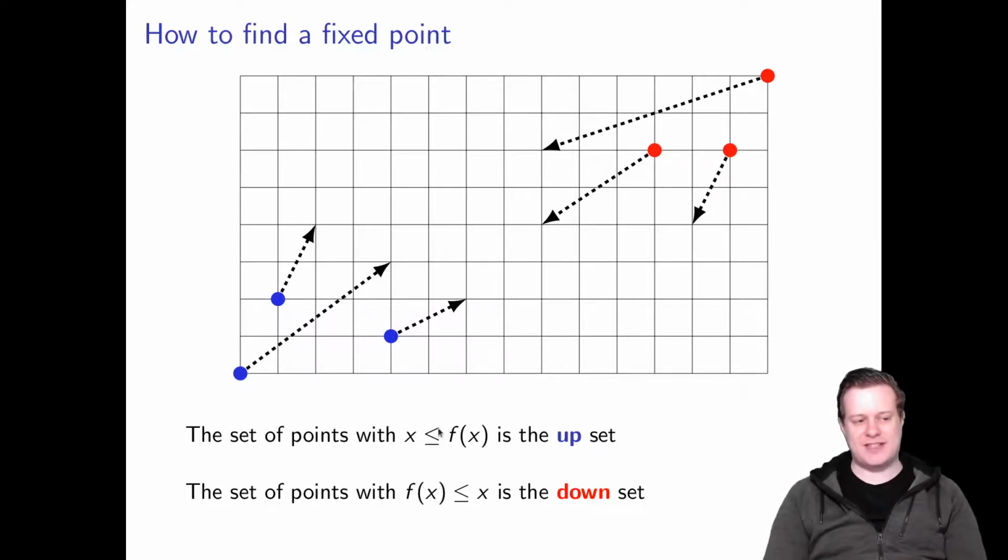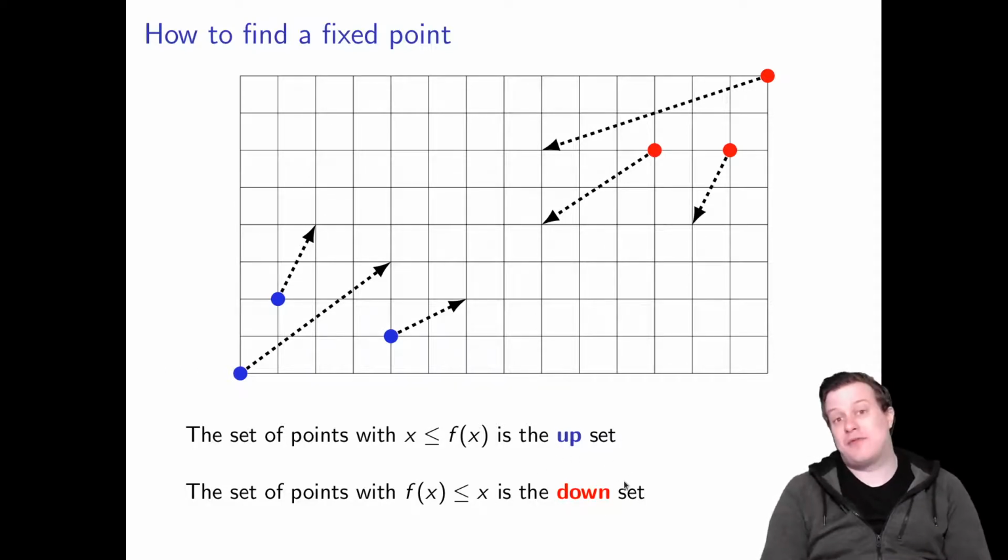So if x is less than or equal to f of x, then x is in the upset, and we can see here these 3 points, f is moving them, but all the time they're moving them up. So these are in the upset, and symmetrically, the point x is in the downset if f moves you downwards. So if f of x is less than or equal to x, then you're in the downset.